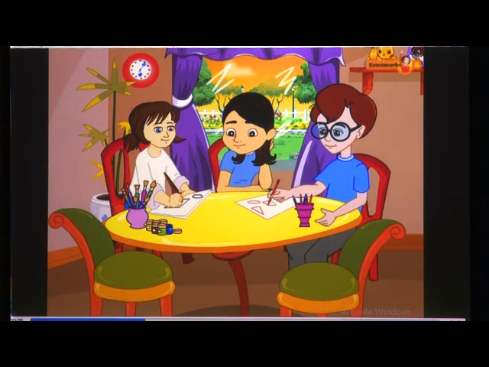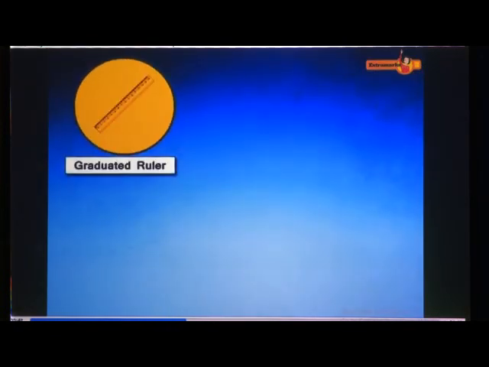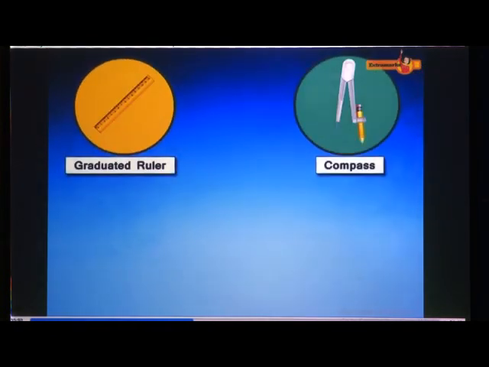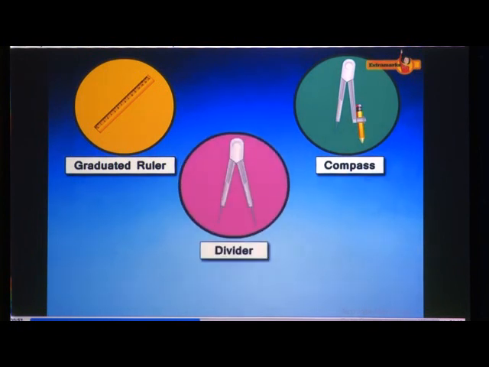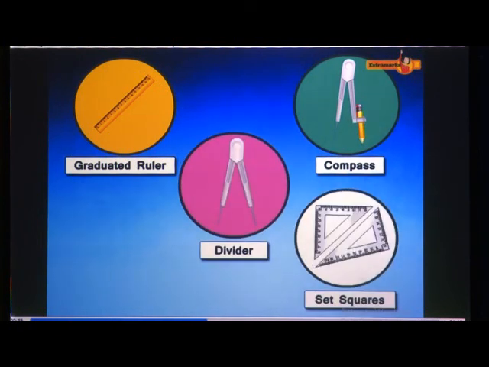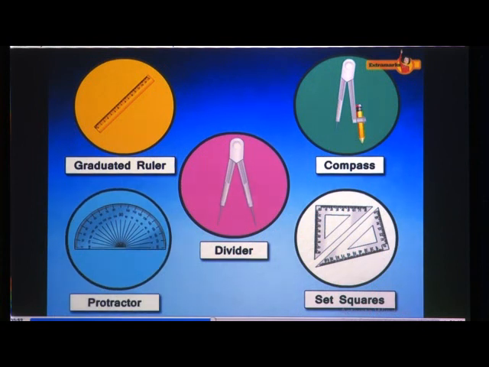Oh Simi, don't worry, I will tell you. Hey, I have a geometry box, but I don't know how to use these tools. See, we have 5 basic mathematical tools. A graduated ruler, the compass, the divider, set squares and the protractor.